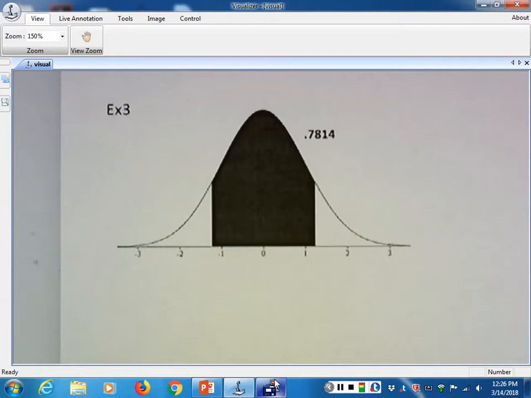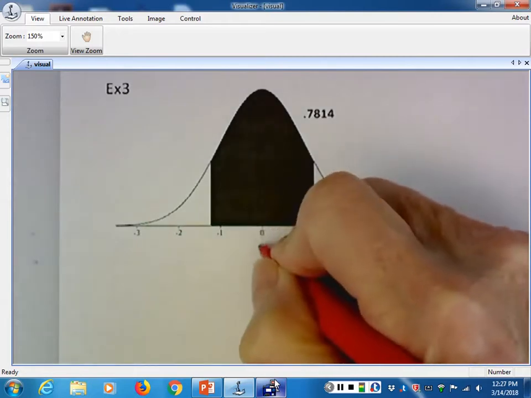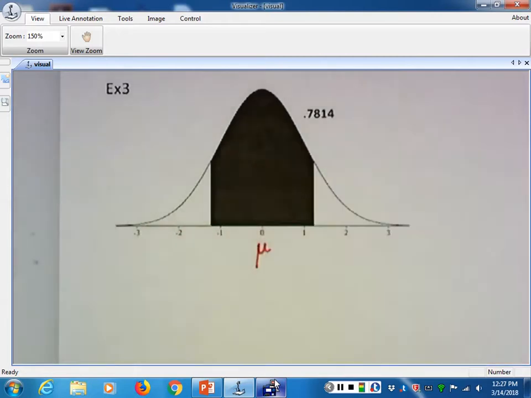Okay, now it's going to take me a few minutes to explain to you how to do this. And I'm going to show you a way that's longer so that you understand why it's working. Then I'll give you a little tip that'll let you not have to do the entire long way. But what I'm looking at here is an area that is centered over the mean, which for these z-scores is mu, and it's 0.